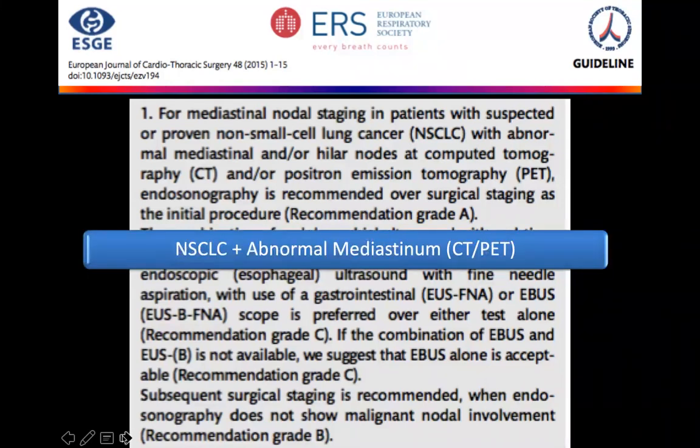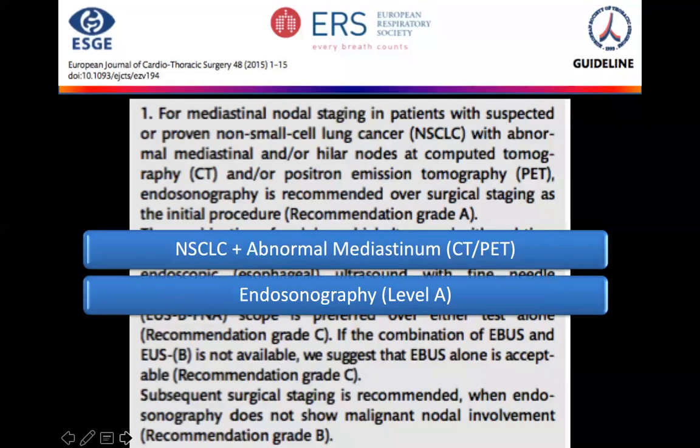Okay. So in a non-small cell lung cancer with an abnormal mediastinum, which means CT PET positive, there is level A evidence, level A recommendation, that endosonography, EUS or EBUS, should be done. Okay.